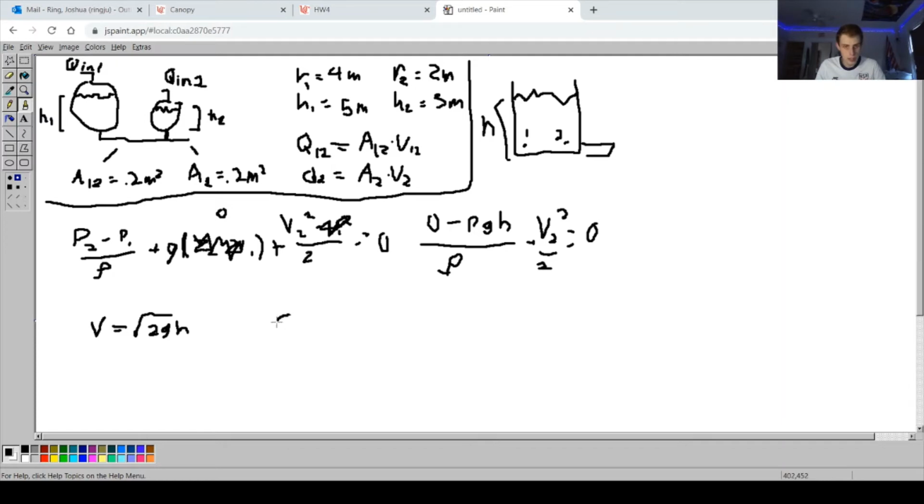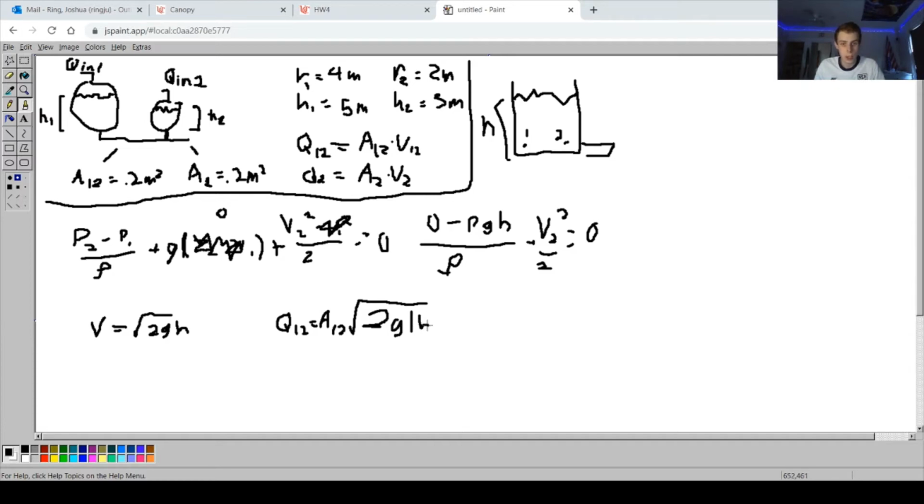We'll get Q12 equals A12, and this is being multiplied by what we solved for here, our V. So we have the square root of 2G, but remember we have two different tanks, and instead of H, just like our example problem shows, we have to have the difference in our heights.